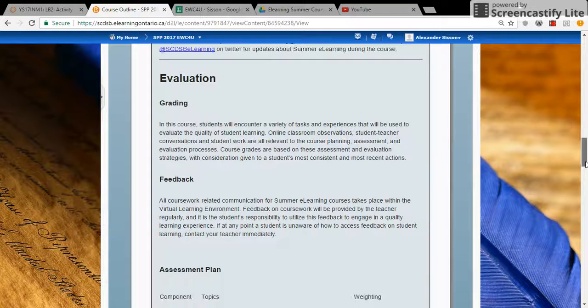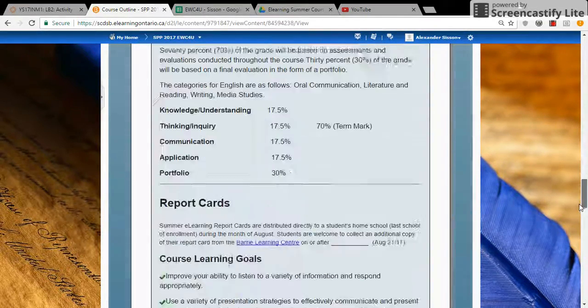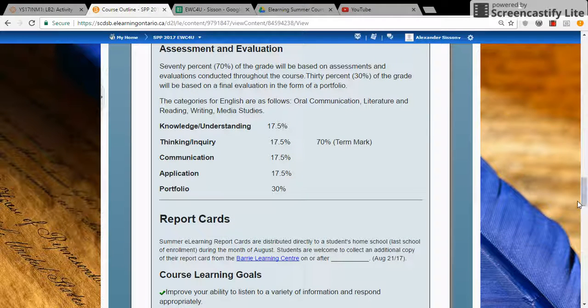Some of the technical requirements, how you'll be evaluated in the course, the units and the breakdown, and this is how you'll be assessed prior to submitting your portfolio. So each activity or activities assesses you on several of these categories.